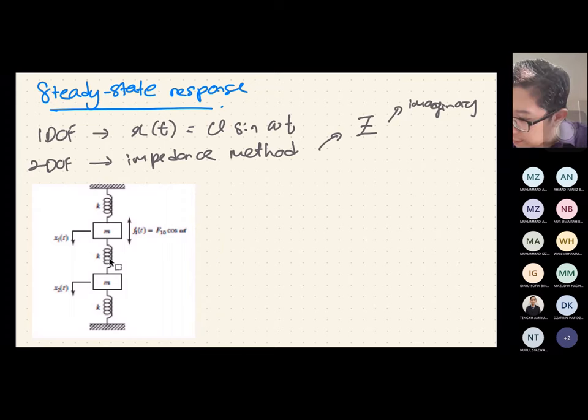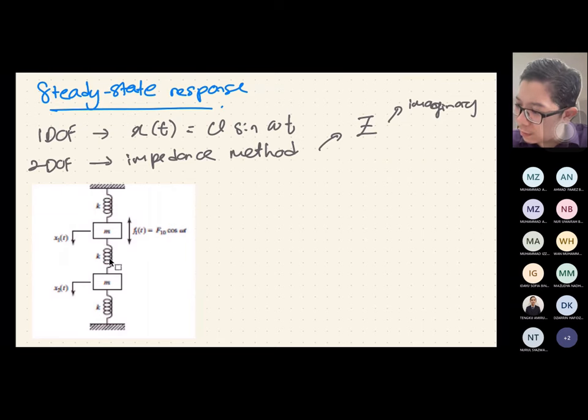One example there is two masses, same mass, same k, x1 and x2, with a harmonic force being applied on x1.